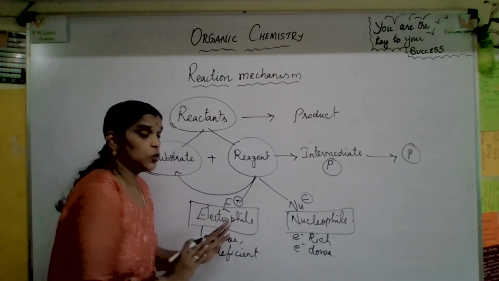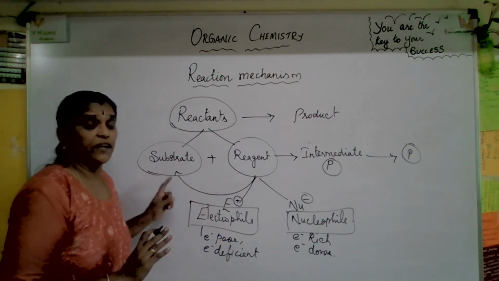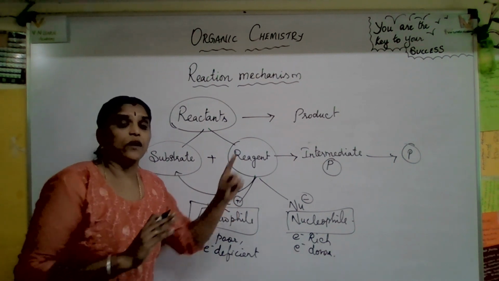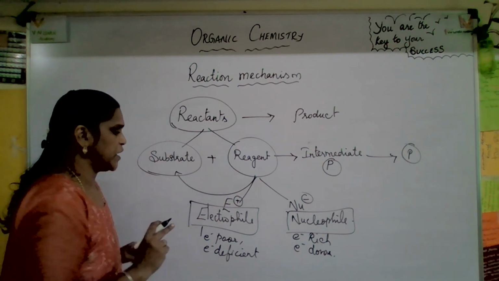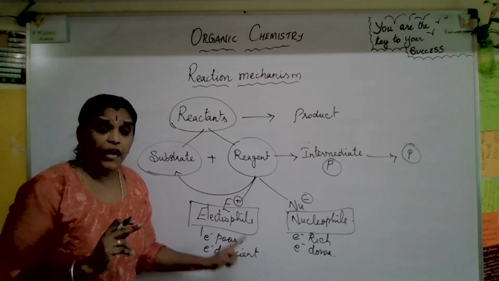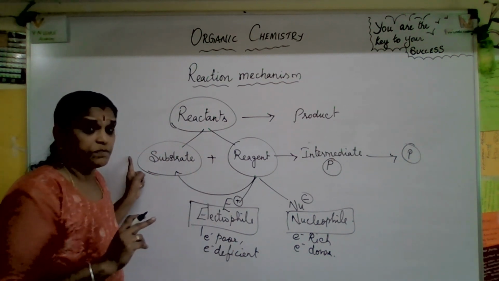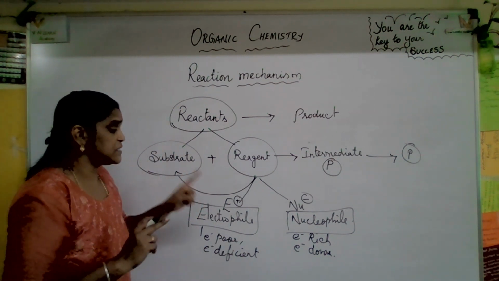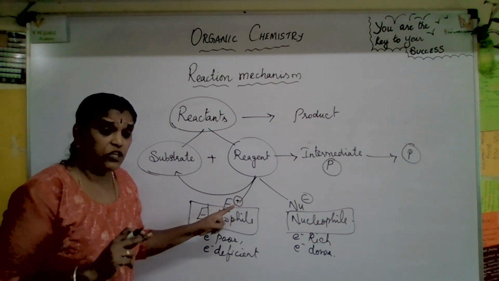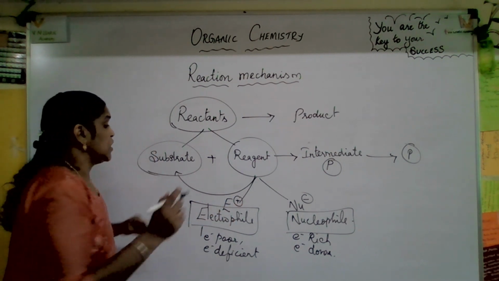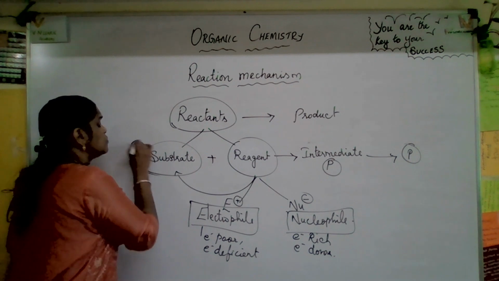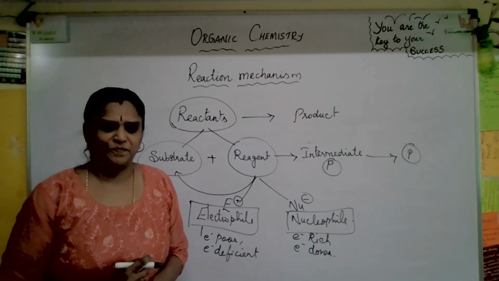So these are the two kinds of substances which are going to attack. Now, which is going to attack the substrate? That is the main point. The electrophile, which has a positive charge, where will it go and attack? It will go and attack the negative charge of that particle.